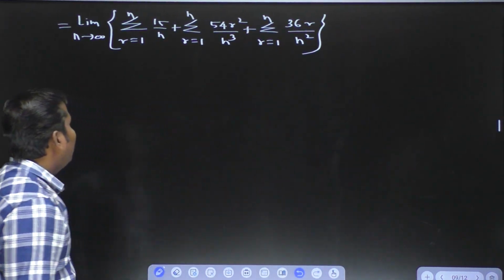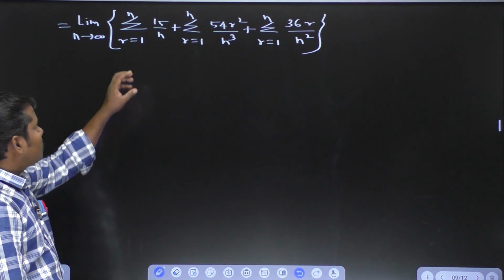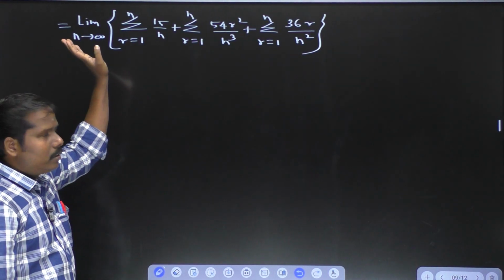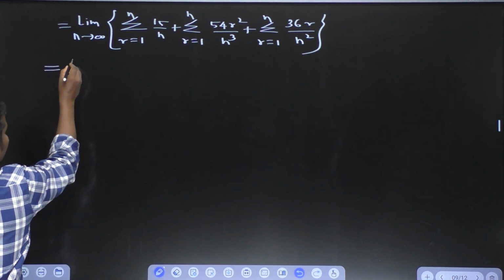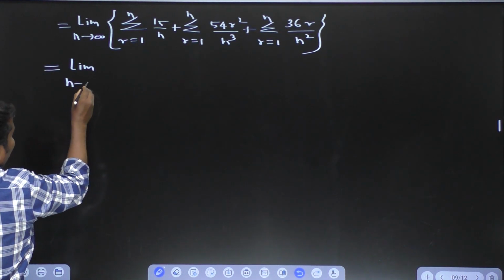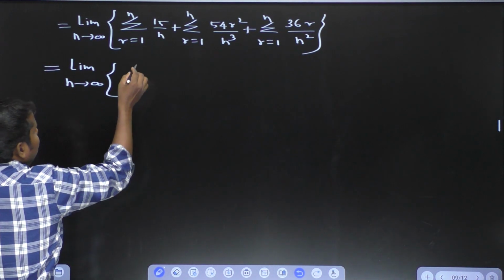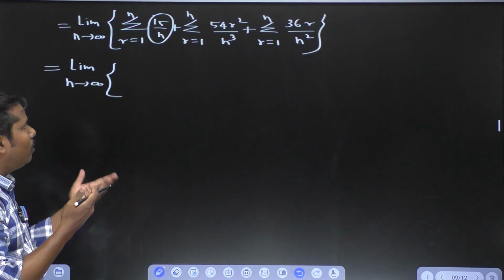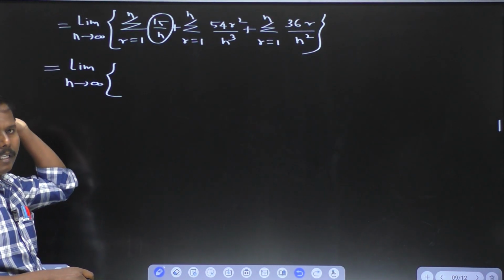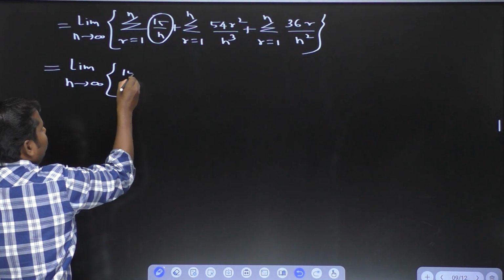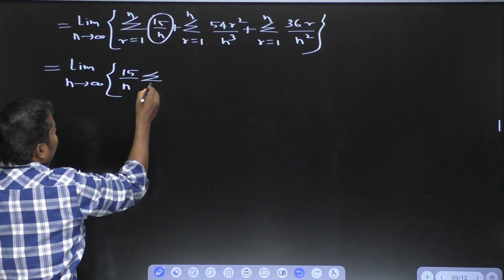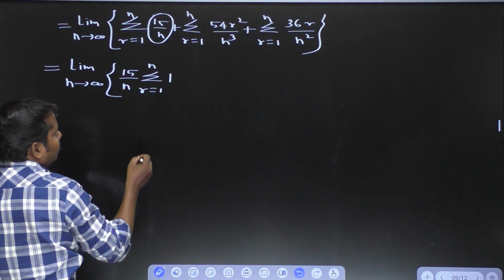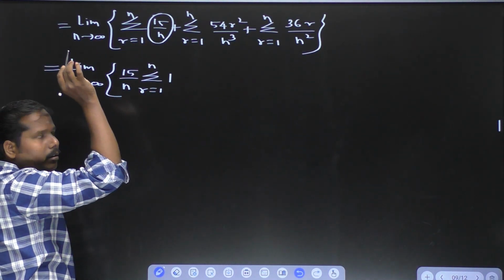Close it. As I told you already, summation depends on r only. Whatever is independent of r can be taken outside. Limit n tending to infinity. See here, the interior is entirely independent of r, no r involved, so the entire thing can be taken outside. So 15 by n, summation r equal to 1 to n of 1.